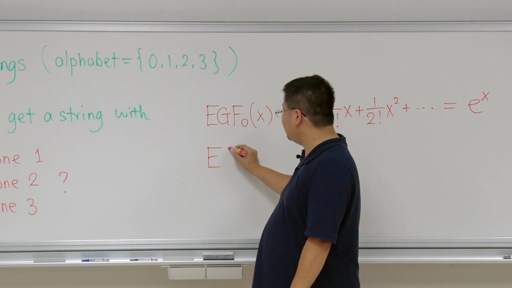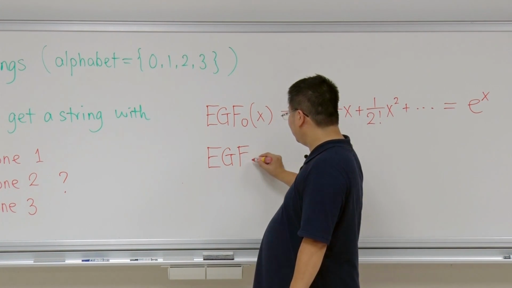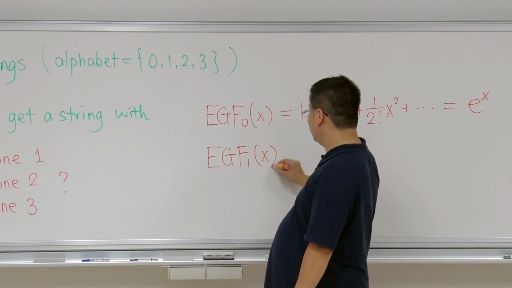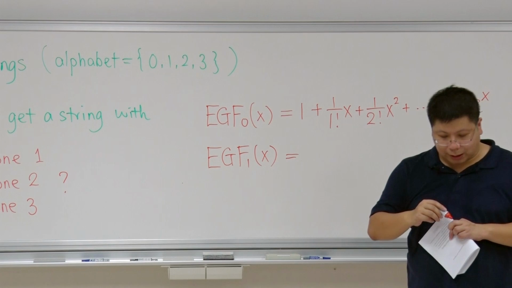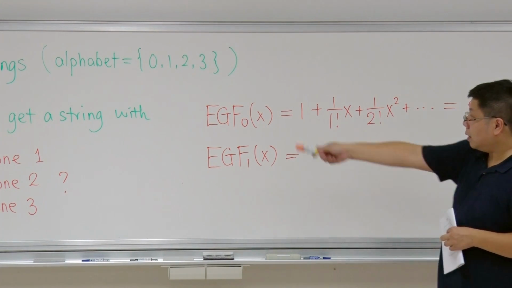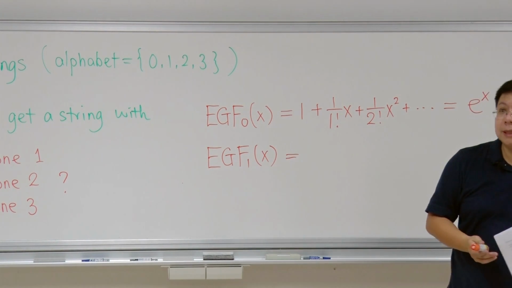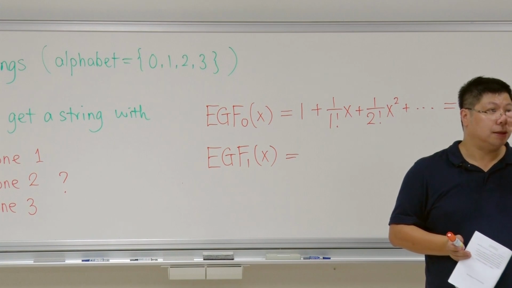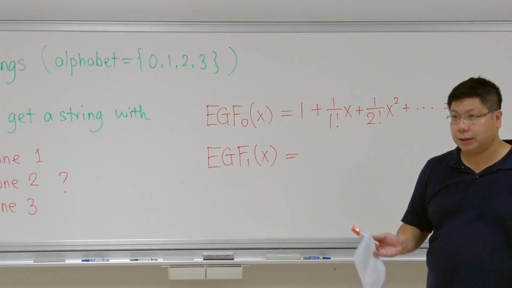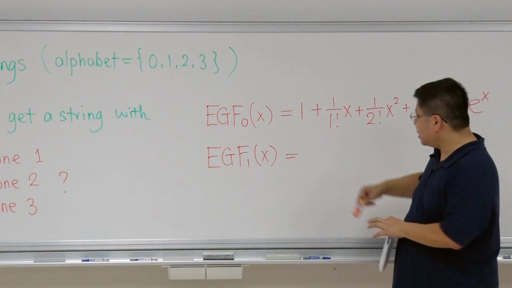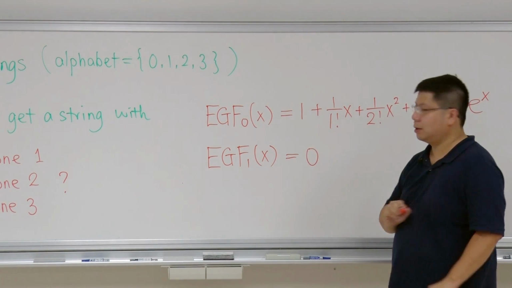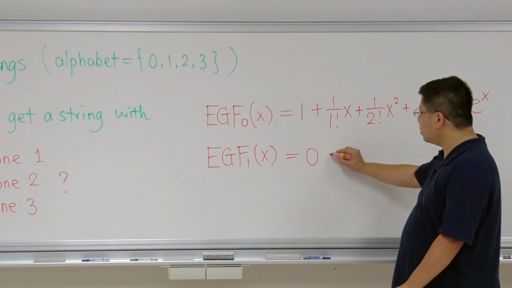And then we will have the EGF for 1. So what is the EGF for 1? It means how many ways to choose 0 ones that fit our requirement? No, we cannot choose 0 ones because we need to have at least one 1. So there are 0 ways to choose 0 ones. How many ways to choose 1 one?